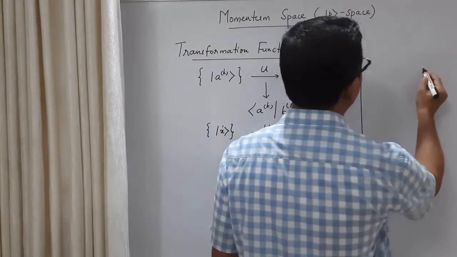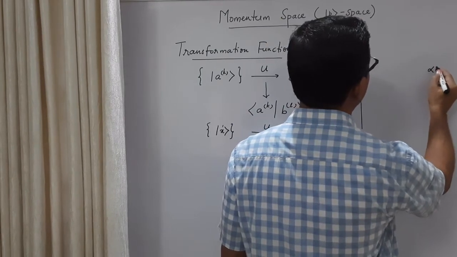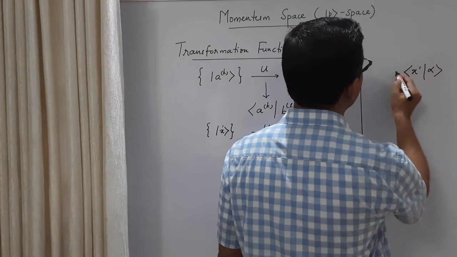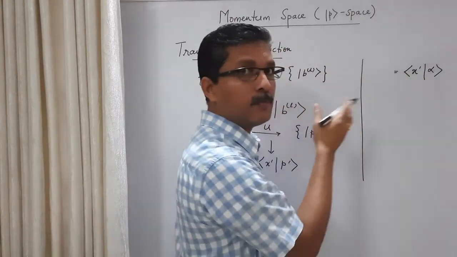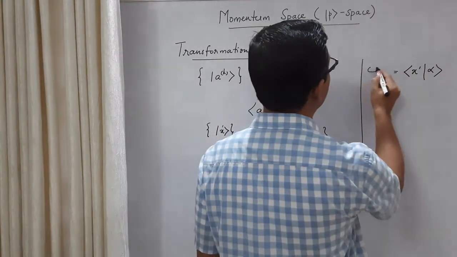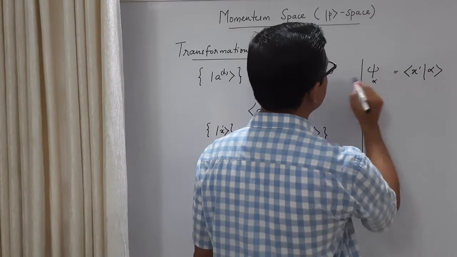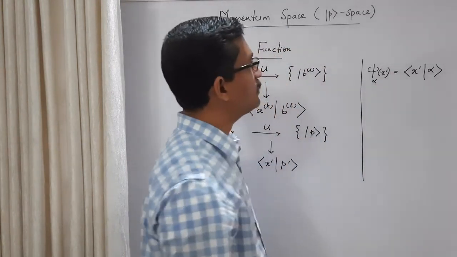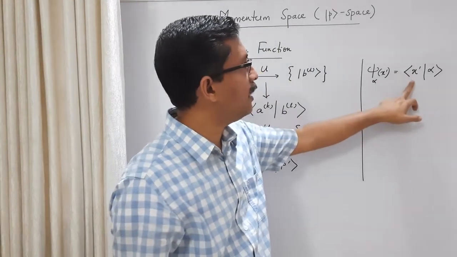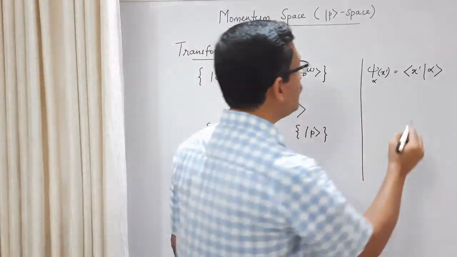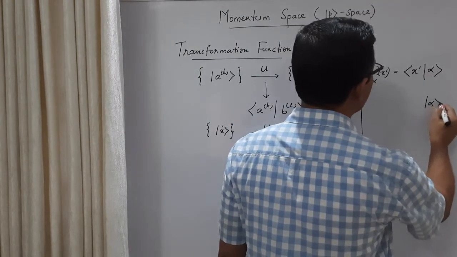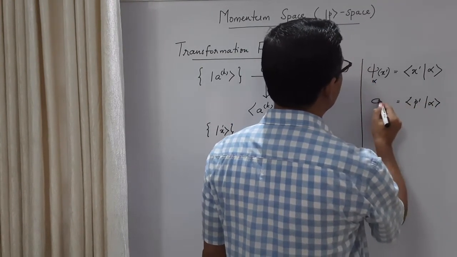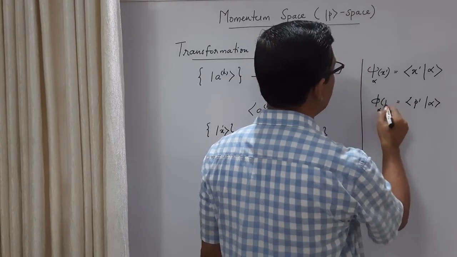If you have a general ket, its component in position basis is defined as the wave function in position basis, some wave function psi alpha of x prime. This is the component of a general ket along the position basis. Similarly, the component of the same general ket along the momentum basis is defined as some phi alpha of p prime.